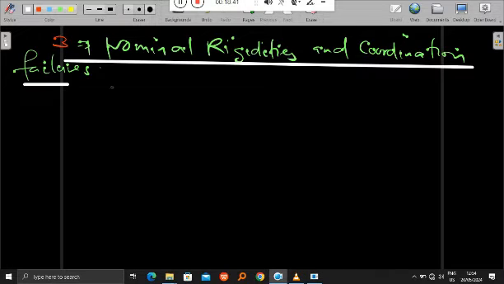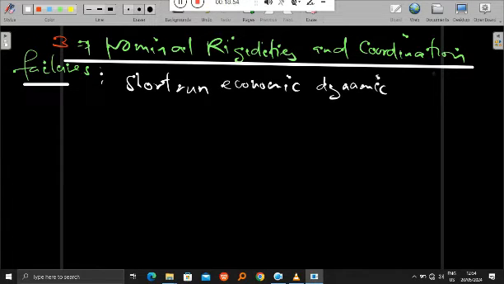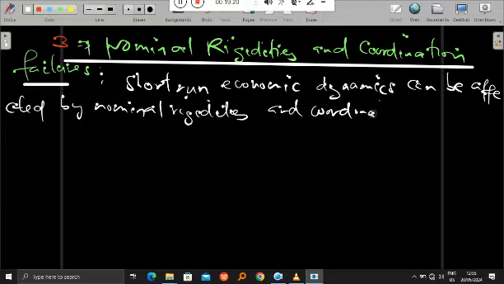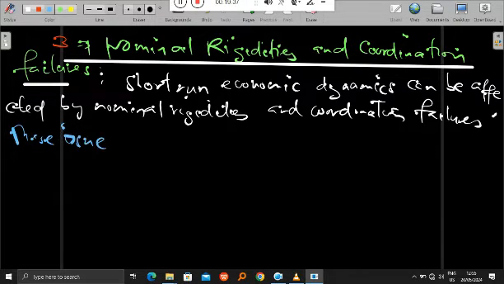Another reason is nominal rigidities and coordination failures. Short-run economic dynamics can be affected by nominal rigidities and coordination failures. So now these issues can lead to a situation where the changes in money supply do not have a pure nominal impact. For example, if firms believe that the higher prices are due to increase in demand rather than increase in money supply, there might be a response by increasing production and hiring more workers.